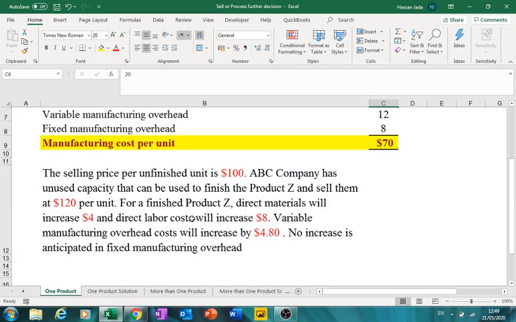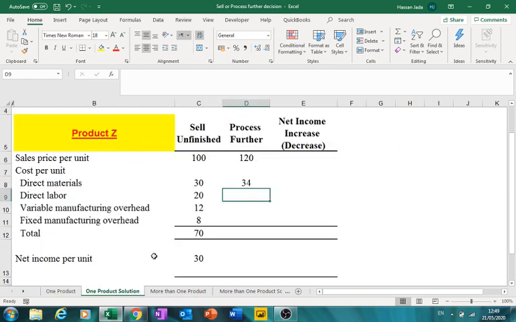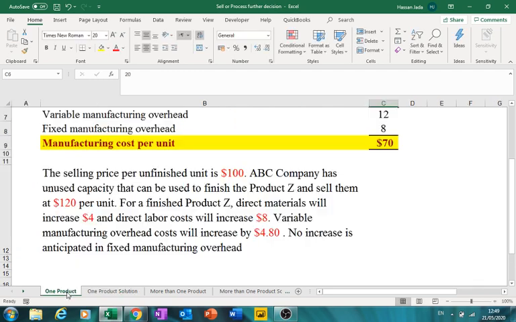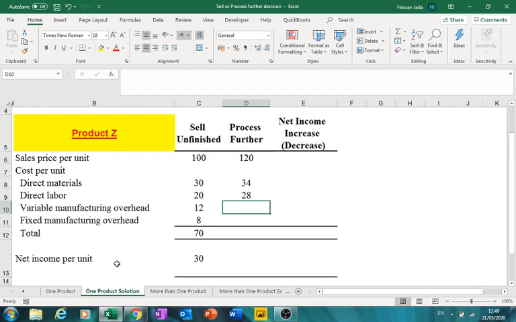Direct labor will increase by $8, so this amount plus $8. Variable manufacturing overhead will increase by $4.80, so this amount 12 plus $4.80, and fixed will not change.